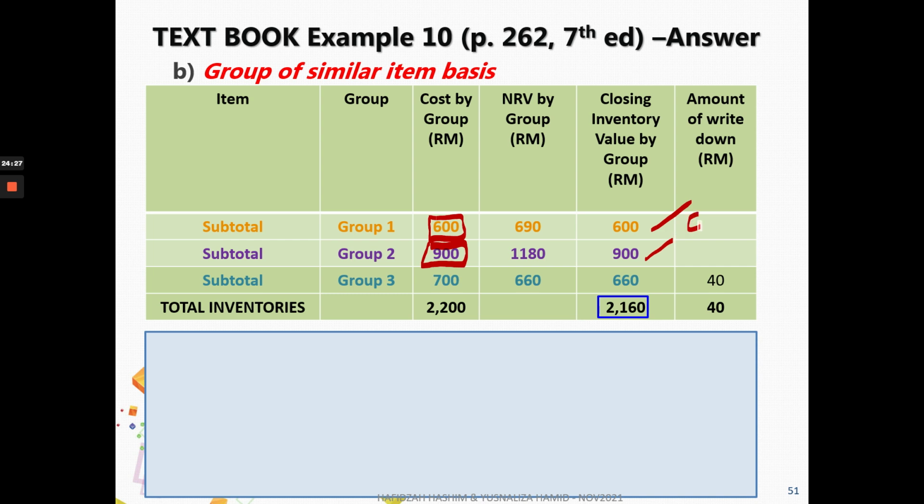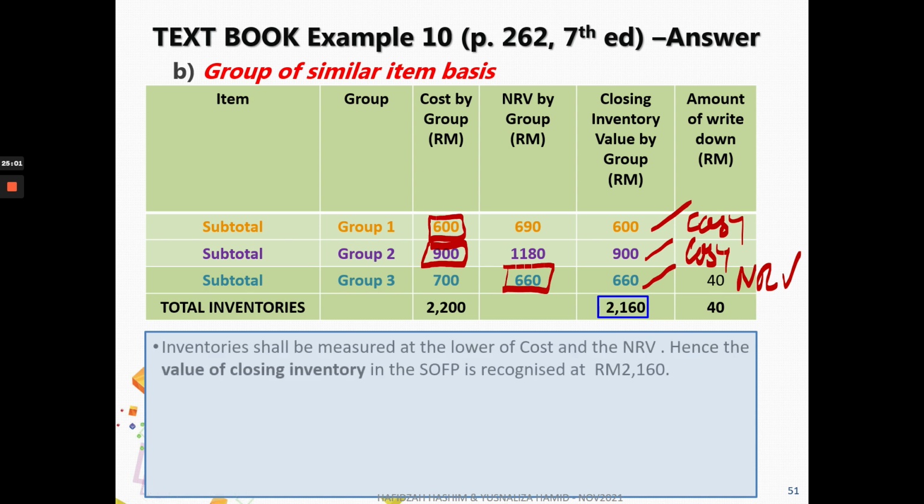Again, it will be at cost for both that you have here. And the last one, group 3, the subtotal for cost was 700 and the NRV was 660. So the inventory will be valued at 660. That is the NRV. And only in group 3 is there a write down. So write down total again would be 40. So the inventory now under the group of similar item basis is being valued at 2160.